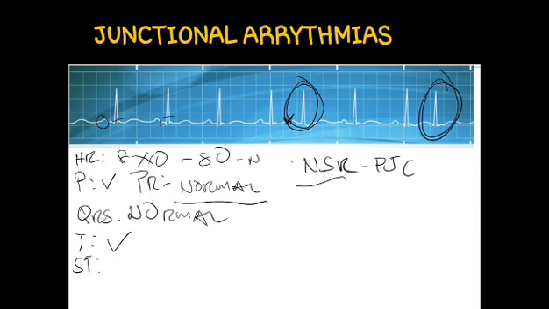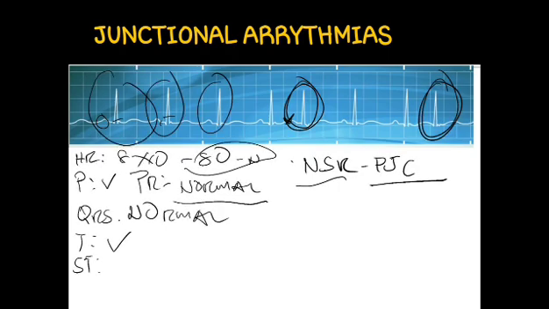Okay, so we have an NSR with PJCs, or normal sinus rhythm, because we have a heart rate of 80, and also we have rhythms that are normal, which have a P wave, QRS complex, and T wave. But then there are some PJCs, which are your premature junctional contractions, as characterized by a QRS complex that has no P wave, that has an absent P wave.